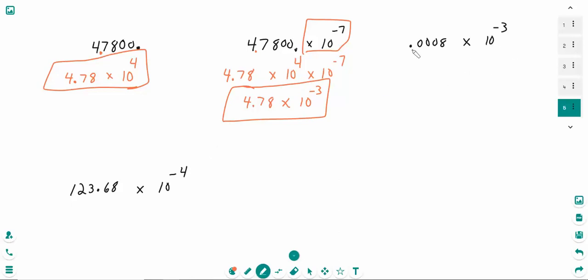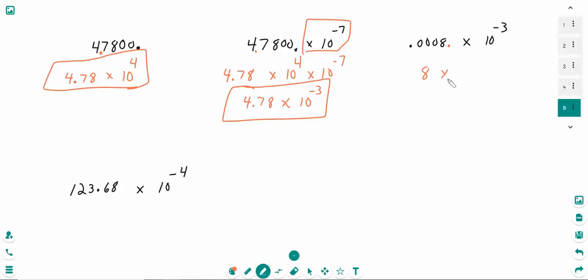Okay? All right, how about this one? Well, our decimal point is here. Is that where we would like it? And the answer is no, it's not after the first non-zero digit. So where's the first non-zero digit? We have a 0, 0, 0, 8 is the first non-zero digit. So this is where we want it. Okay, so we're going to write it as just 8 point, which is just 8, right?